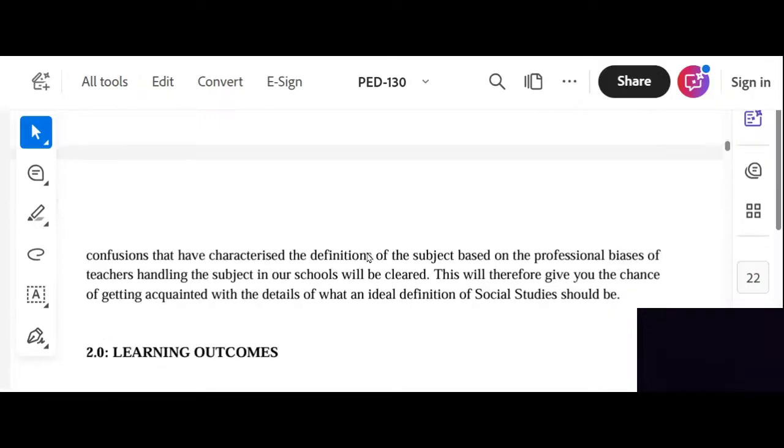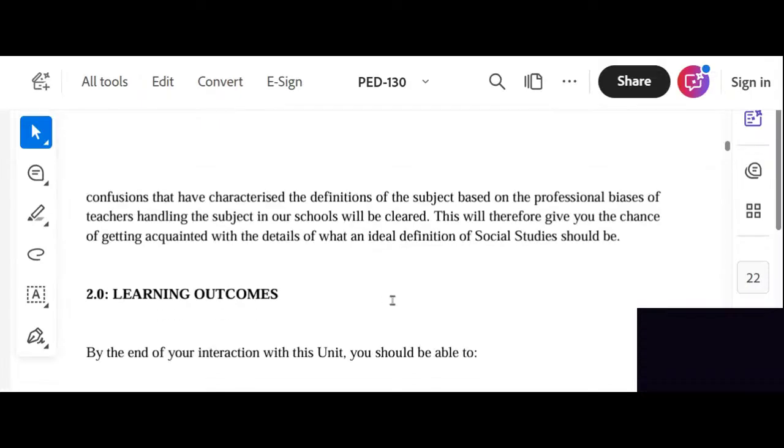The various confusions that have characterized the definitions of the subject, based on the professional biases of teachers handling the subject in our schools, will be cleared. This will therefore give you the chance of getting acquainted with the details of what an ideal definition of social studies should be.